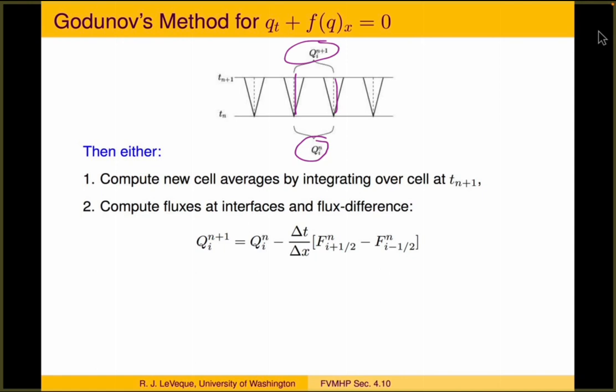And because the solution of a Riemann problem is always a similarity solution, even for nonlinear problems, the solution along those dashed lines in this figure at the cell interfaces is constant in time over short enough time that the waves don't travel more than one grid cell, which is true provided the Courant number is less than 1. And so if we can compute the Riemann solution, then all we really need is the value along that one ray, and that allows us to compute the flux at the right boundary and the left boundary of that cell, and then this formula gives a way to update the cell average based on that.